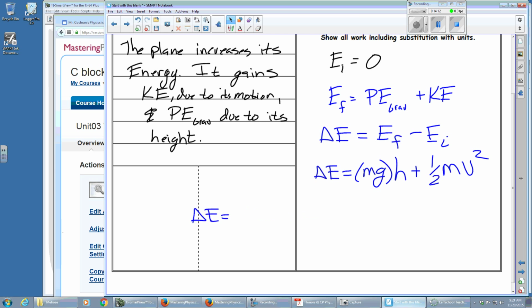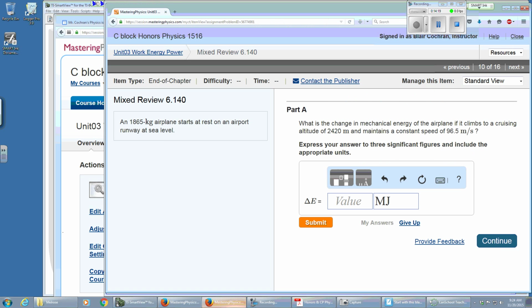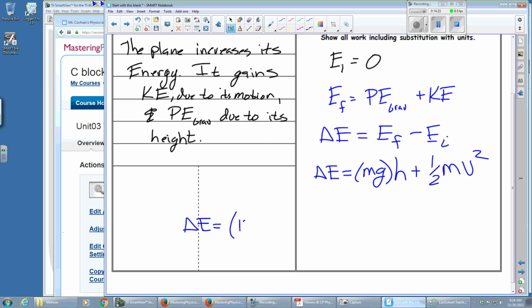And while you're doing that, I will throw in my numbers. Let's see. 1865. Is kilograms the good unit for mass? Yeah, okay.